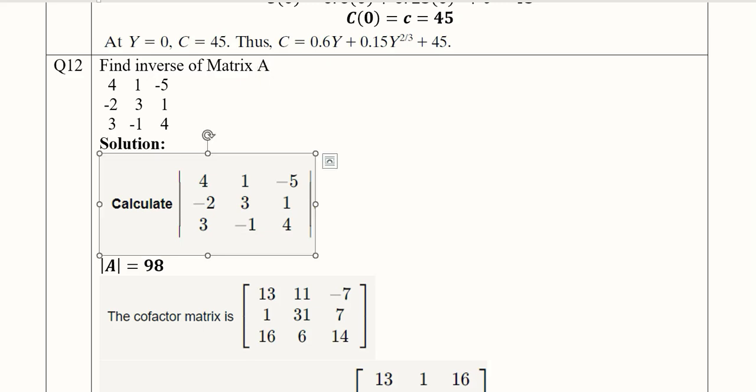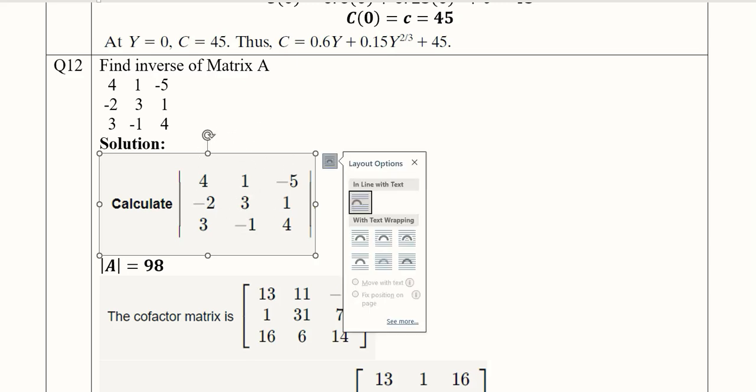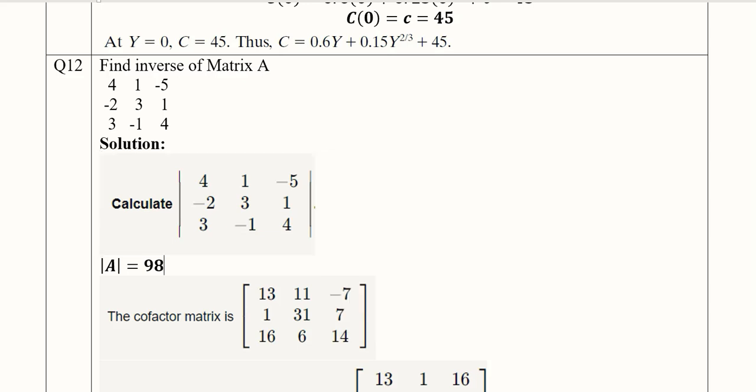Primarily you find the determinant because if the determinant is equal to 0, then the further solution will not be possible. So we are calculating the determinant of this given matrix, and it is equal to 98, which is not equal to 0. So this frees us from that worry of having a singular matrix, and we can go ahead with the solution.